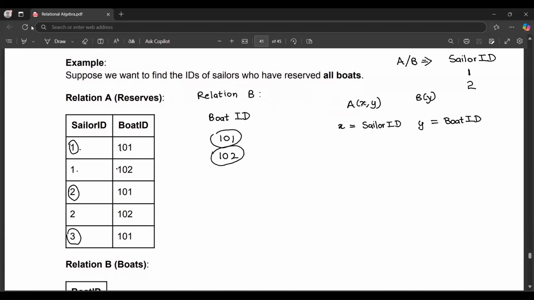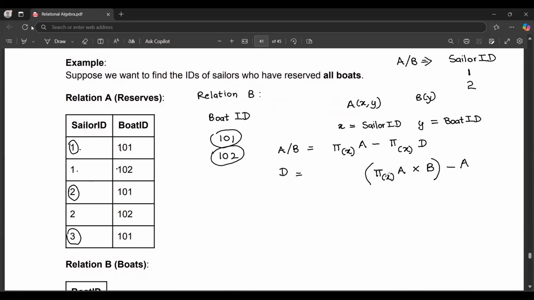So A divided by B is equal to project x attribute of A minus project x attribute of D, where D is equal to project x attribute of A multiplied by B, and from that we have to minus A.